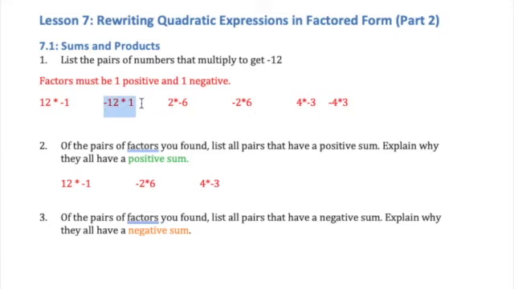So negative 12 and 1 give us a negative sum, 2 and negative 6, and negative 4 and 3 give us negative sums. So it's important to realize that if the negative number is larger, we have a negative sum, and if the negative number is smaller, we have a positive sum. We're going to think about that as we go into our lesson today.